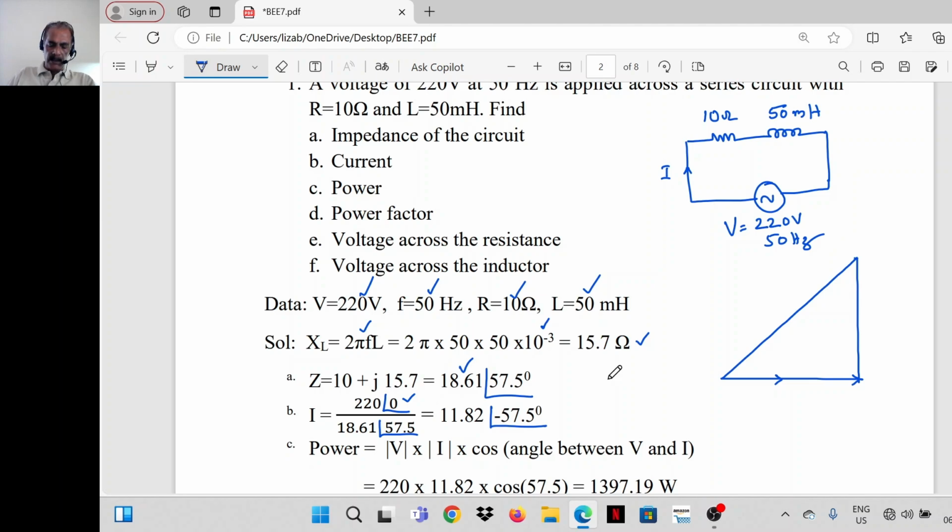So magnitude is 220 divided by 18.61, that is 11.82. Angle 0 minus 57.5, that is minus 57.5 degrees. So magnitude of the current through the circuit is 11.82 ampere. It is lagging behind the reference by an angle of 57.5 degrees.